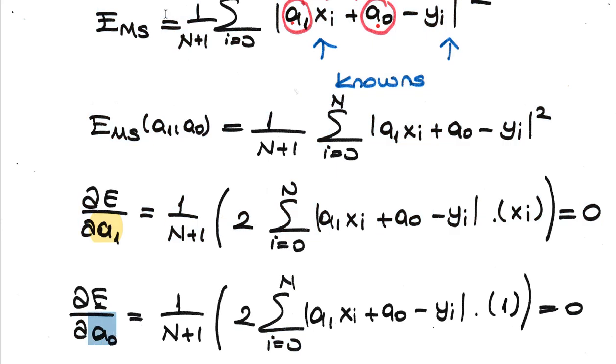Do not confuse them with your x variable. In Calculus 1 and Calculus 2, we mainly write the derivatives with respect to x, with respect to y, but those were the unknowns there. Now our unknowns are A1 and A0 instead of x, xi and yi's, okay?